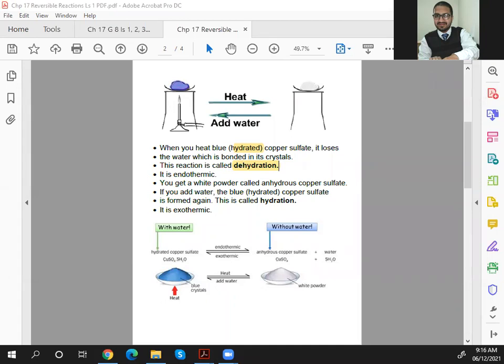Doctors say give him more water, and they give him a drip or glucose, and let him drink more liquid, because they want to save that person or baby or patient from dehydration. The prefix D mostly means without.